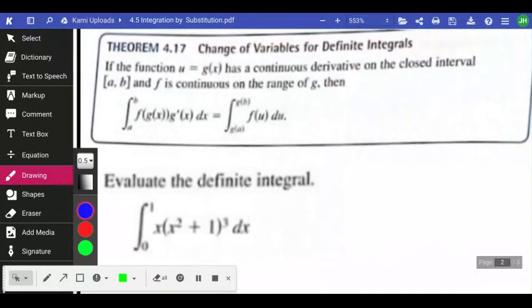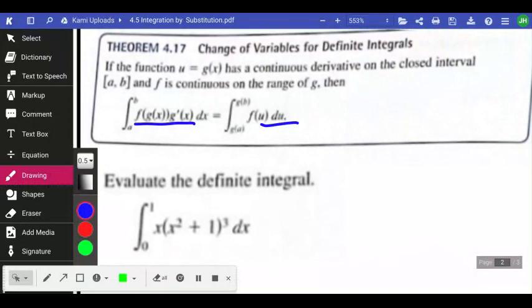Okay, so I love this because it is telling me how to do u substitution with definite integrals. Even though the definition of the theorem looks crazy, a lot of times it does, it's given us the same thing that we did before with our u substitution. That's not anything new. The difference is, look at your limits of integration. They are no longer a and b.